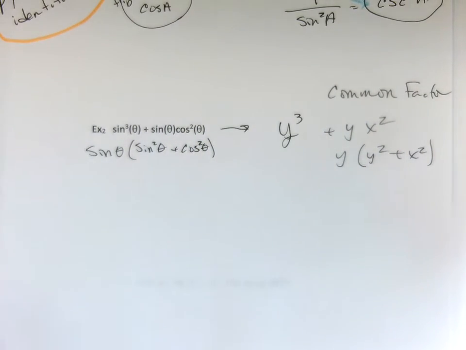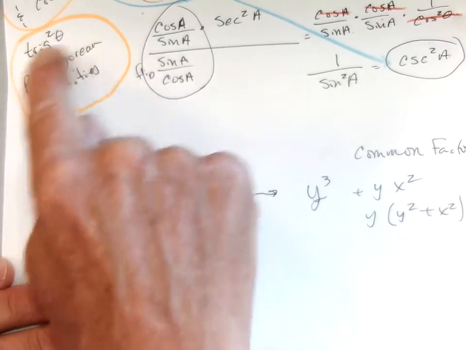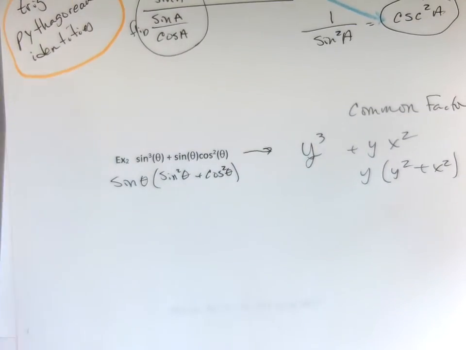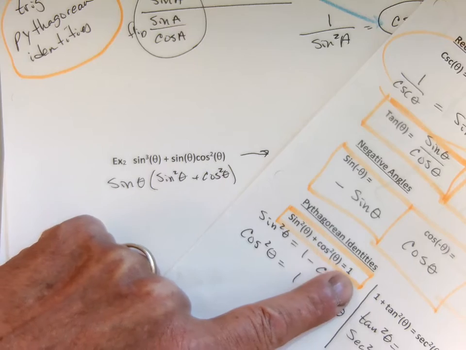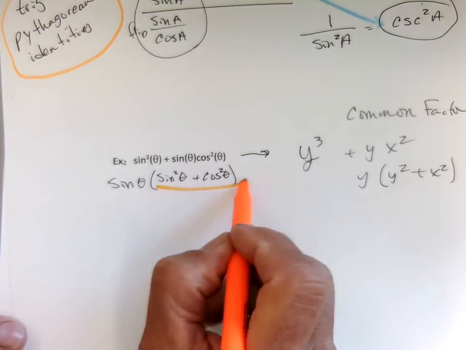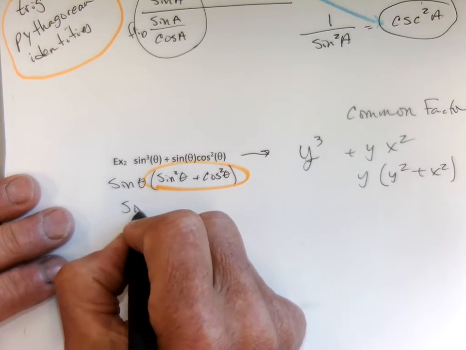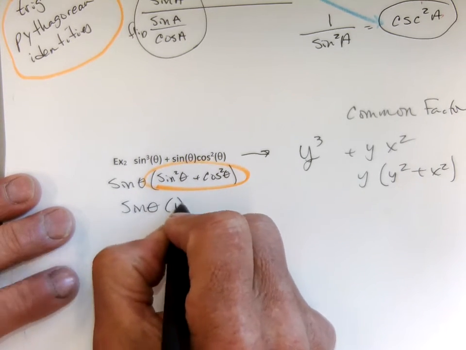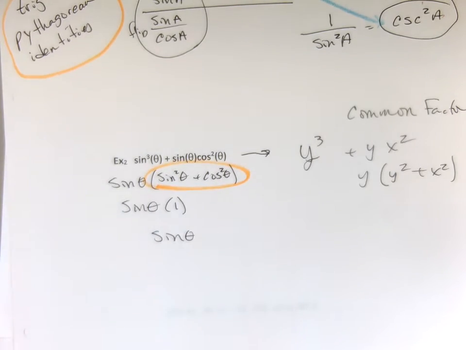Now, if I have a square term, any trig squared, I look for my Pythagorean identities, right? And lo and behold, what is sine squared plus cosine squared? It is 1. So this just is 1. So I'm going to have a sine theta times 1, which is just sine of theta. Simplifies down quite a bit, doesn't it?